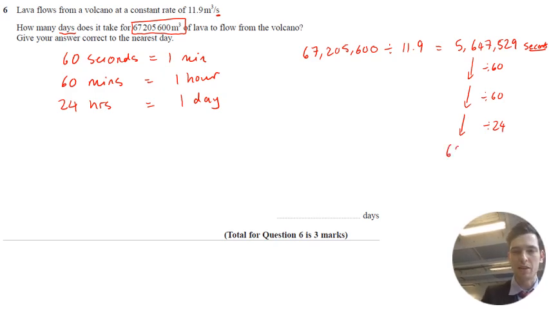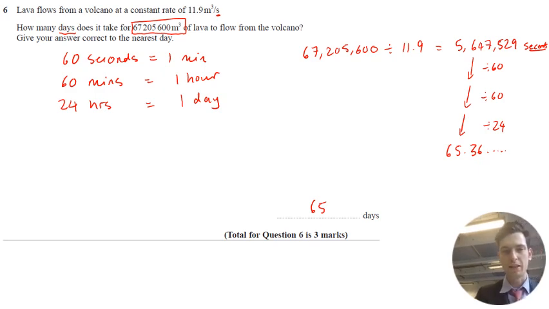And that ends up being 64.36 something, and to the nearest day, 65. So really the key in this question was, first of all, working out how I go from seconds to days, step by step, and second of all, how I go from my meters cubed to my time in seconds.